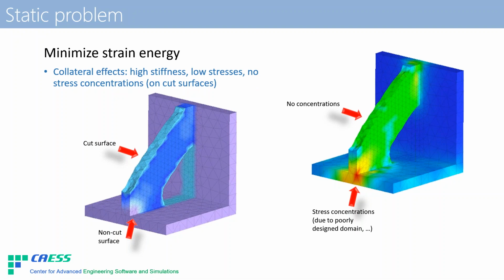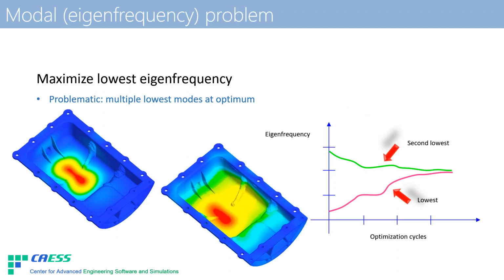So this static problem actually covers most of the topology optimization problems, and maybe the second most important one is the modal eigenfrequency problem, where material is redistributed in such a way that the lowest eigenfrequency of the part is maximized. Now, it is not so often that this problem is solved directly.